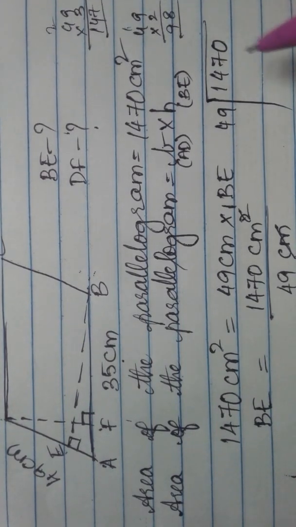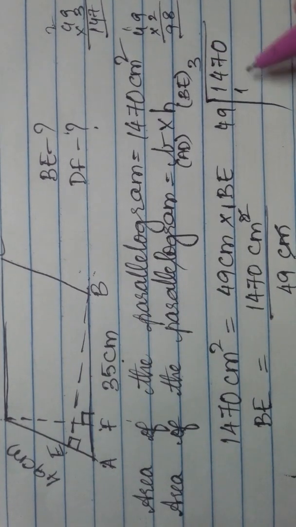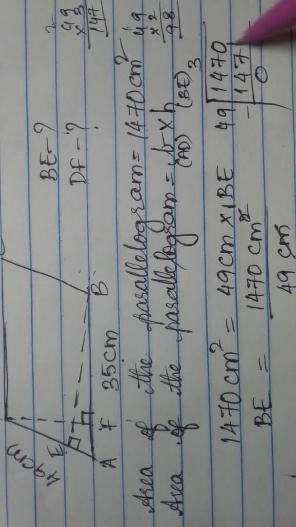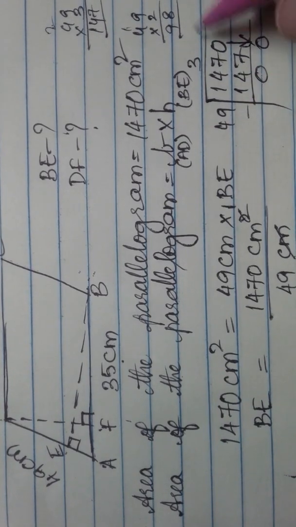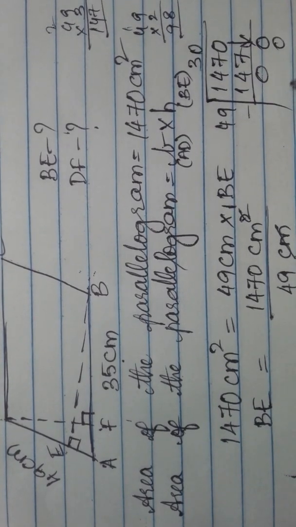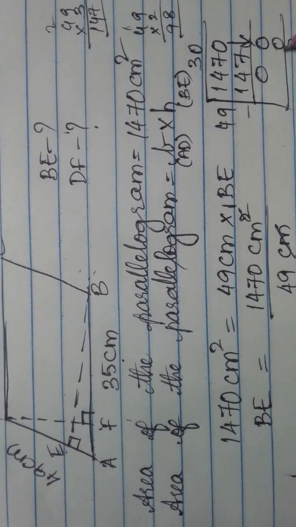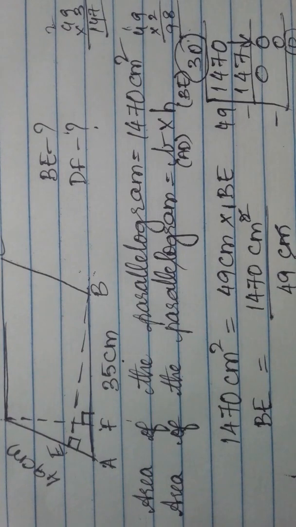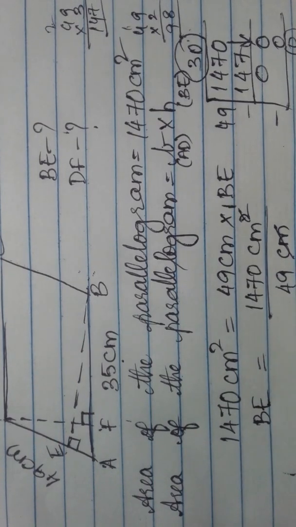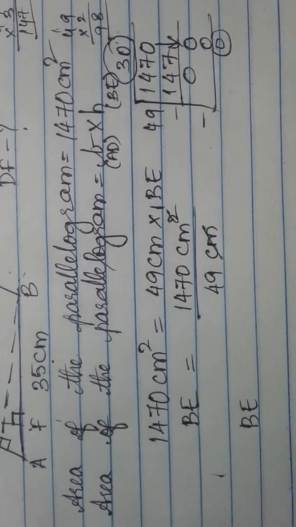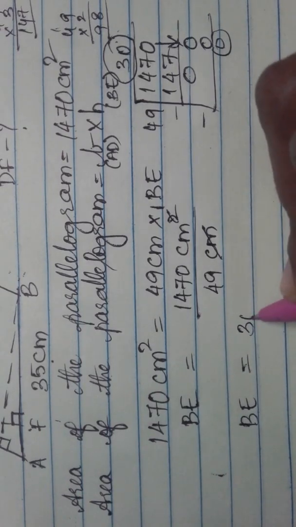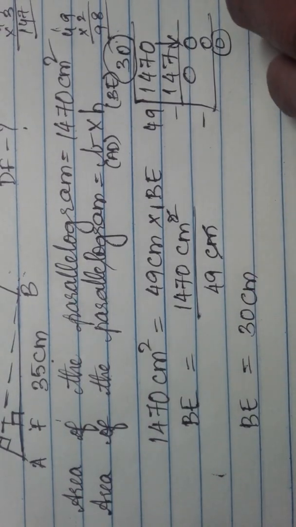So 147 we got. 3 times is 147. Subtraction if you do, you will get the remainder as 0. 49 zeros are 0. So this is the end of the solution. So this 30 is the answer here. The length of the height BE, you got the answer as 30 centimeters.